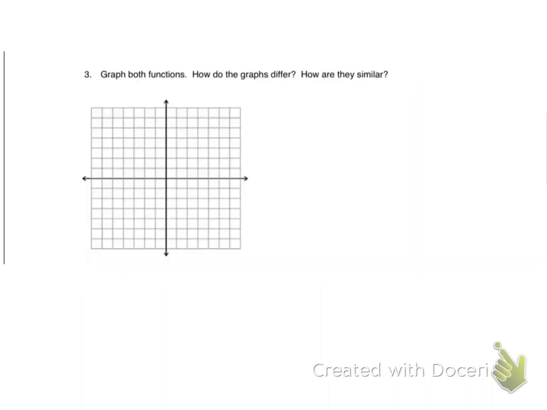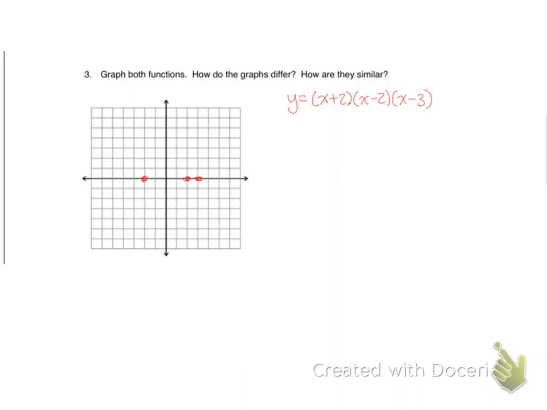So our first polynomial we had was, let me go back to it, x plus 2, x minus 2, and x minus 3. So the zeros were negative 2, positive 2, and positive 3.